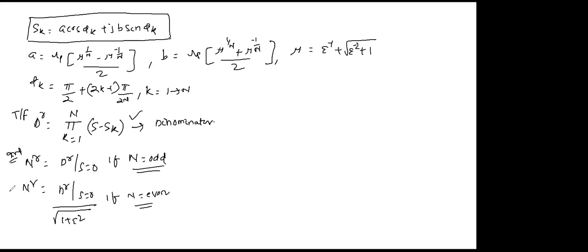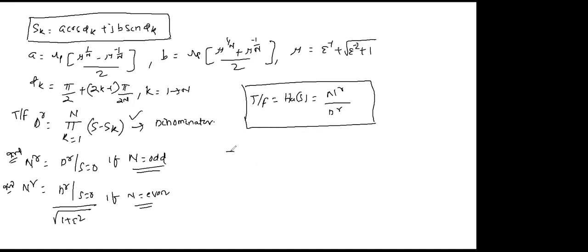Now see, the numerator is known to you and the denominator is known to you. Then what is the transfer function? H of s equals numerator by denominator. That's all.